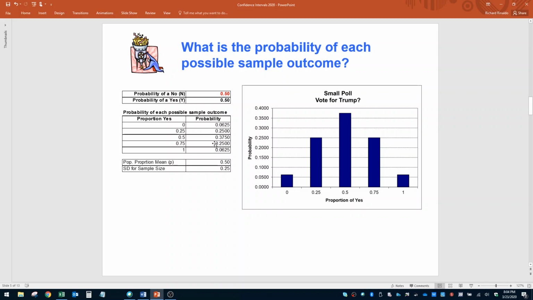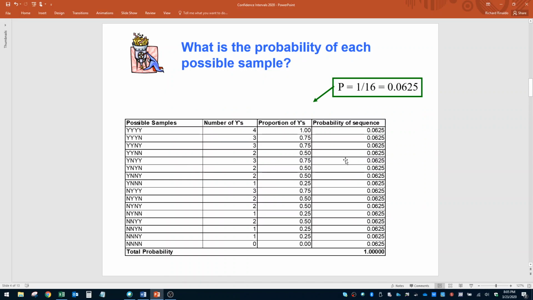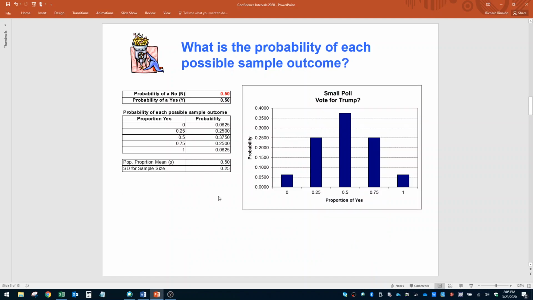I add up the 0.0625 4 times, or 0.0625 times 4 gives me 0.25. And similarly for 0.5, there's more of them. There's 1, 2, 3, 4, 5, 6. So 0.0625 times 6 gives me a probability of 0.375 that I would get a sampling outcome where 50% said yes and 50% said no.